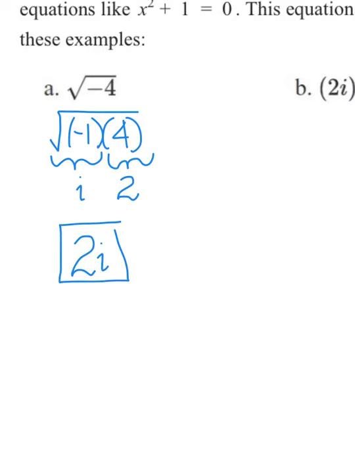We know we want to leave it as a positive 2I because if we also wanted the negative root, there would have been a plus or minus sign out in front here. And since there wasn't one, we know we only want the positive root.